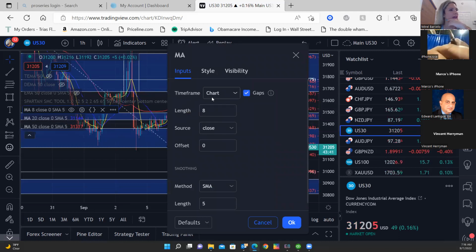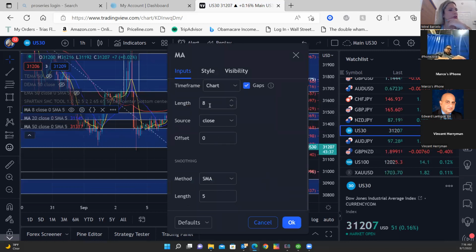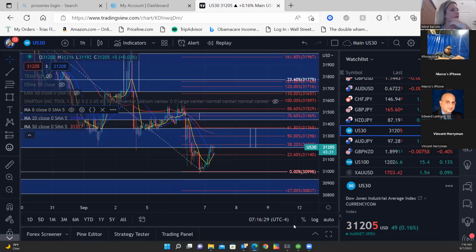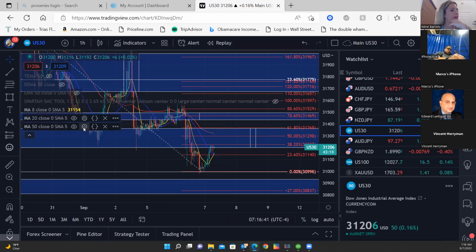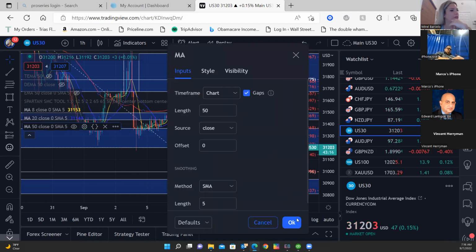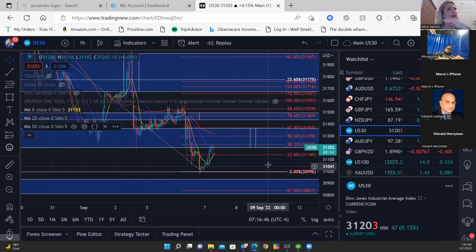So this one is the 8 moving average. If you notice, I just put on inputs 8, smoothing is 5. Then we have the 20-day moving average. And then we have a 50-day. Okay. And yes, I use TradingView for everything.